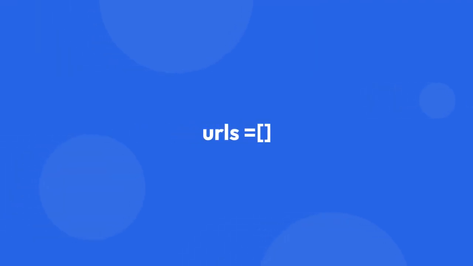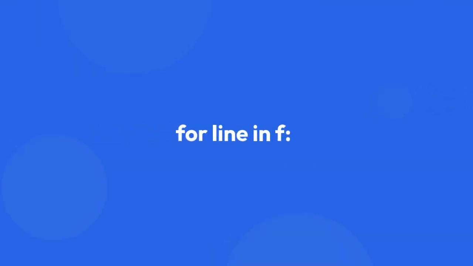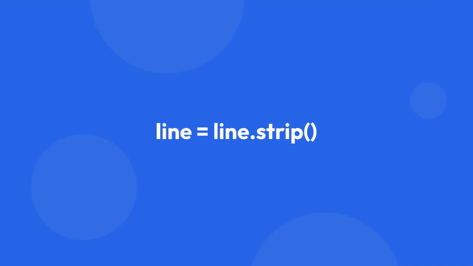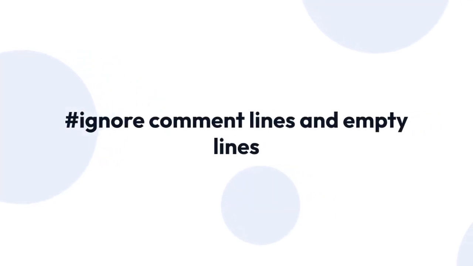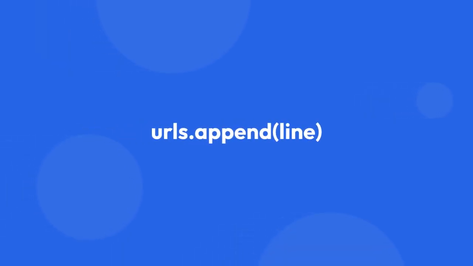Python: def extract_urls(m3u_file_path): urls = [], with open(m3u_file_path, 'r') as f: for line in f: line = line.strip(). If not line.startswith('#') and line: # ignore comment lines and empty lines, urls.append(line).